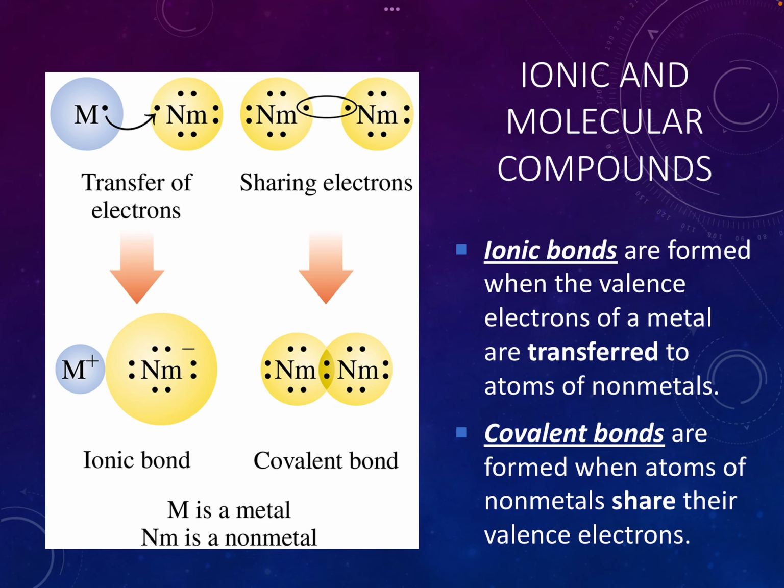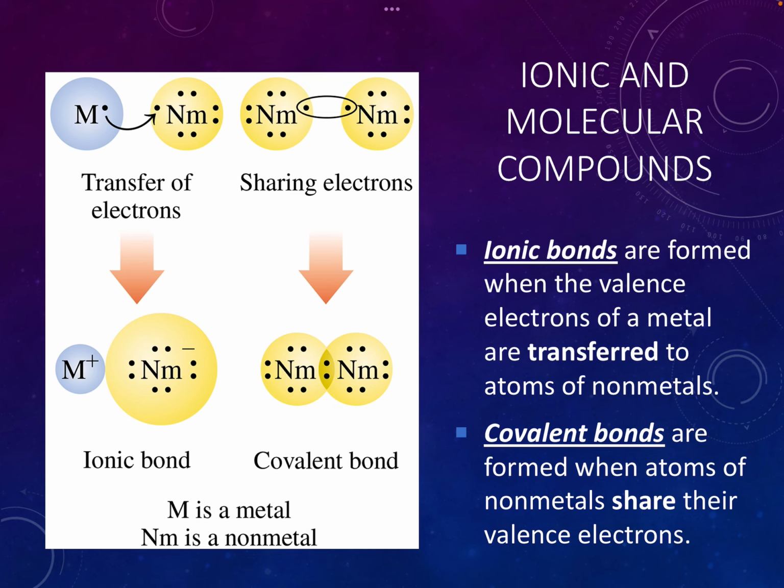Remember, ionic bonds are always going to be formed from the transfer of electrons. So a metal to a nonmetal, right? That metal cation loses electrons and gives it to the nonmetal so that each of them can have 8 valence electrons. Whereas covalent bonds are always going to be formed between 2 nonmetals sharing their electrons.